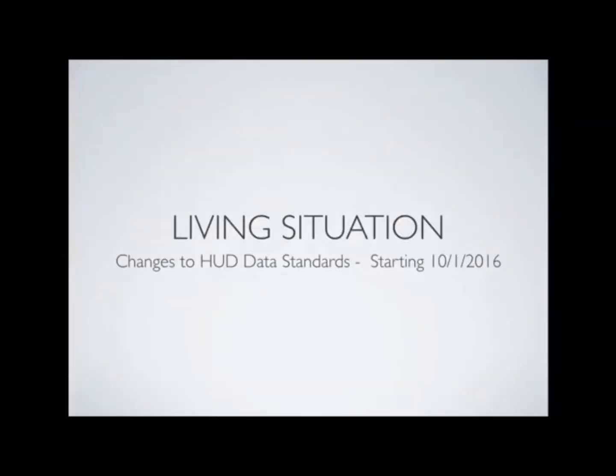This video will review changes in the way HUD is asking communities to collect data on living situation, the client's living situation, before coming to your project. These changes will take effect on October 1st, 2016.